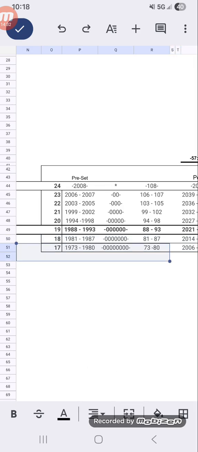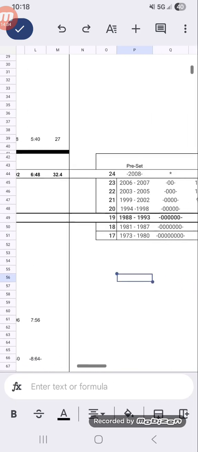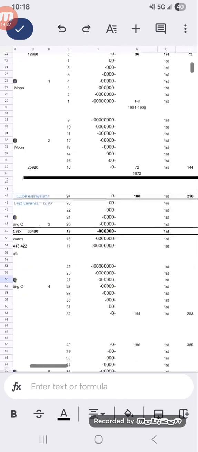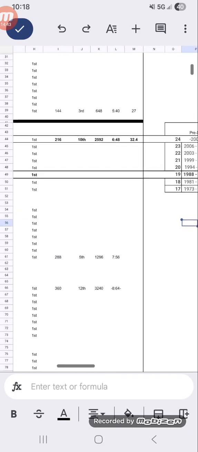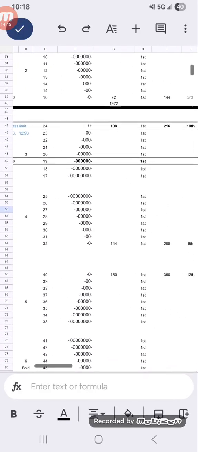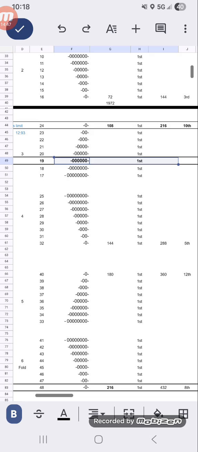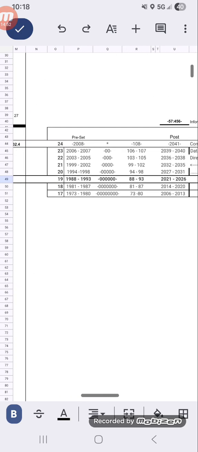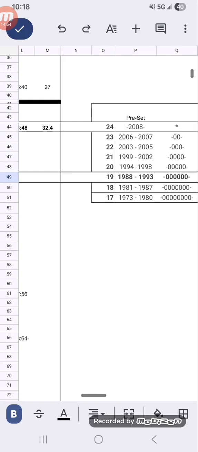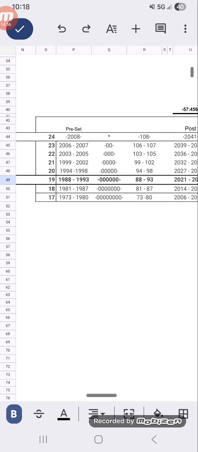See, 1973, it lines up. 1900s was a very important year here because I have Target alignment took full effect in the 1900s. So you look at this chart, look at the 1900s. This is the solar plexus, the solar position here. Now this is only going from the 1900s.